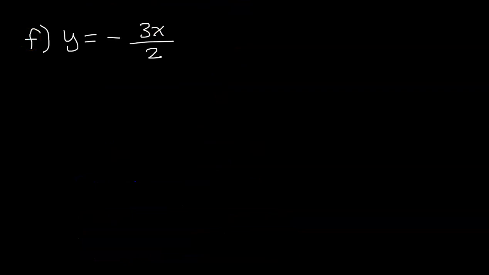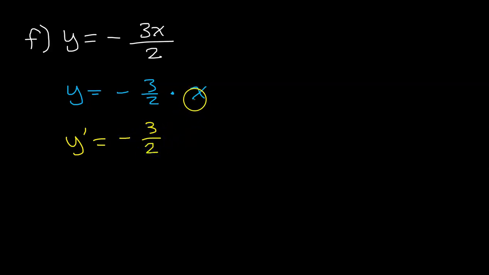Let's look at one more example before we move on to the final rule. So I can easily rewrite this as y equals negative 3 over 2 times x. So now I can use my constant rule and write y prime is equal to, and the constant rule says we'll just bring down the constant unchanged and we'll multiply by that later.